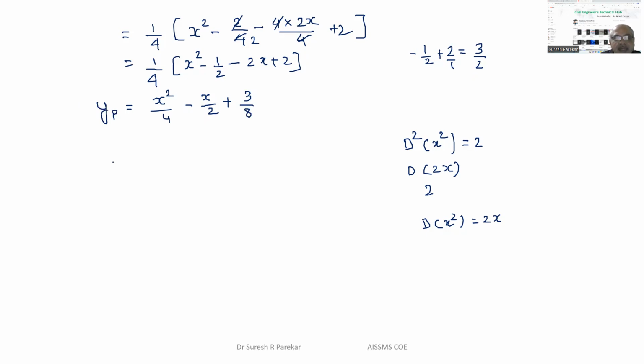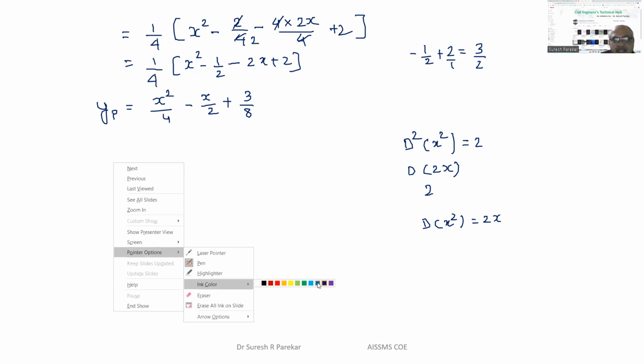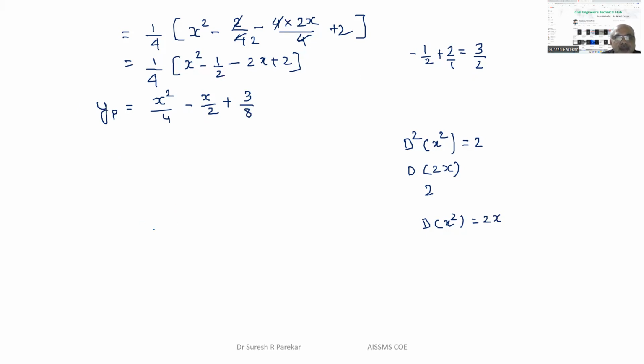And then if we write the solution of this, we have y equals yc plus yp.